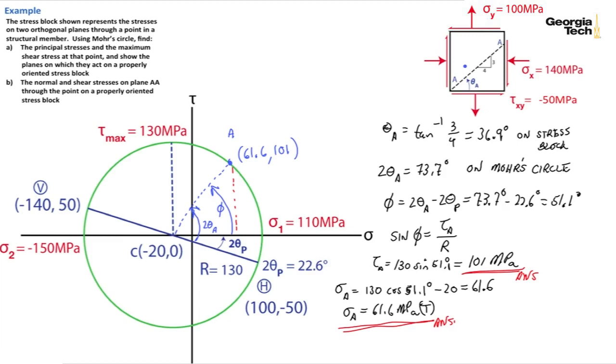Let's go ahead and draw the stress on a properly oriented stress block. We're moving from our horizontal face here, so this is my horizontal face. I'm going to turn my block. In this case, I've turned it 36.9 degrees. And on that face, our stresses are 61.6 megapascals normal stress in tension.